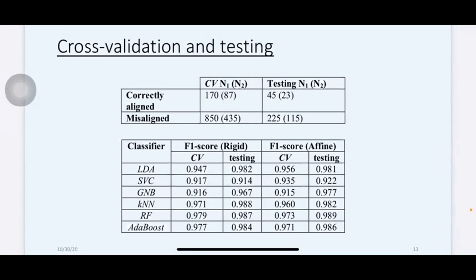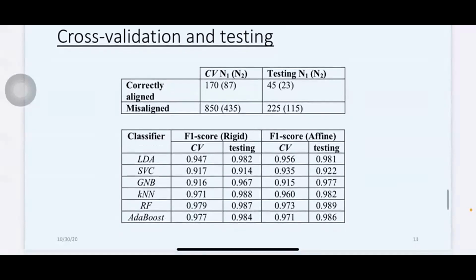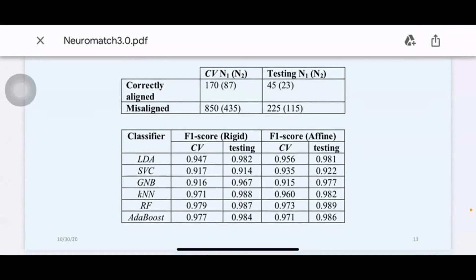In the brackets, you can see 87 and 23, the numbers belonging to the patients. Stratified 5-fold cross-validation was implemented. In the misaligned case, 5 images were generated for each correctly aligned image, so the misaligned images are 5 times more numerous than the correctly aligned images.